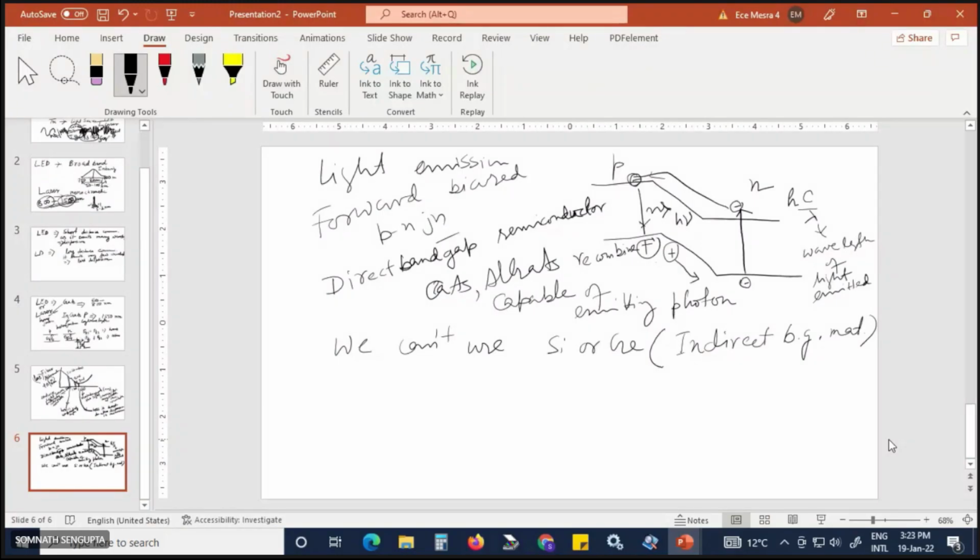So we cannot use indirect band gap semiconductors for LED or laser or for light emission purposes. We have to use direct bandgap semiconductors. Now, what is the meaning of direct and indirect bandgap semiconductor? That I am leaving up to you.